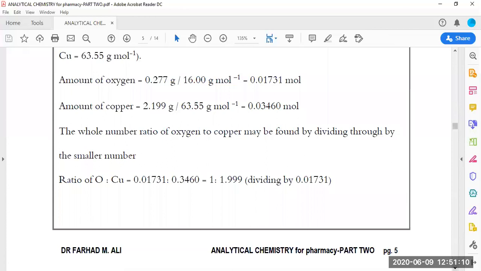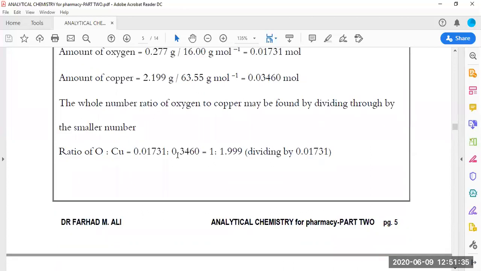The whole number ratio of oxygen to copper may be found by dividing through by the smallest number. So the ratio of oxygen to copper is the number of mole of oxygen to the number of mole of copper. We get something about 1 to 1.999. And you might ask how we get this. You have this number, the number of mole of oxygen, and this number, the number of mole of copper. What we need to do, remember this always, is divide both numbers by the smallest one.